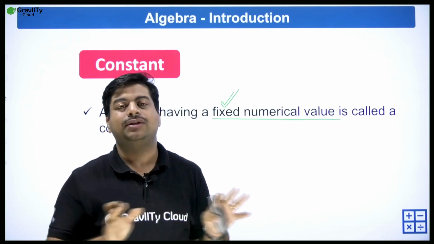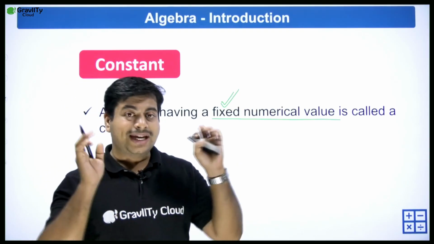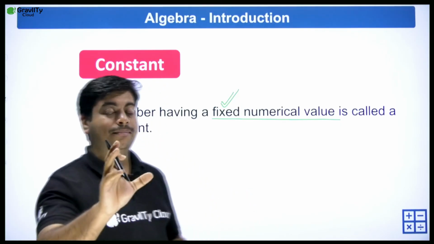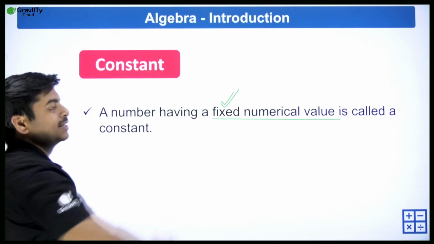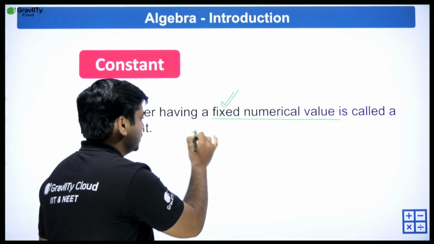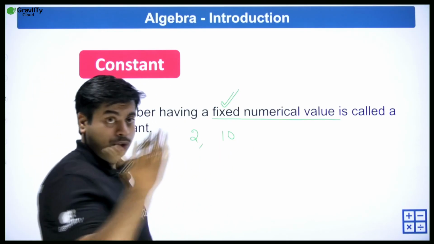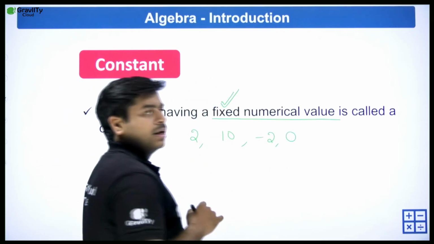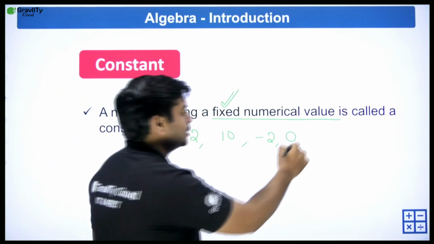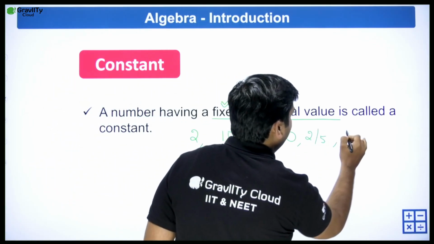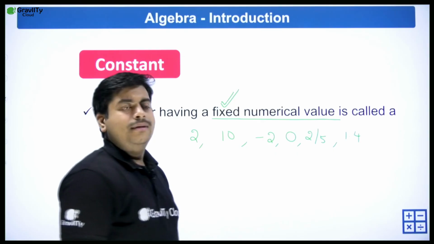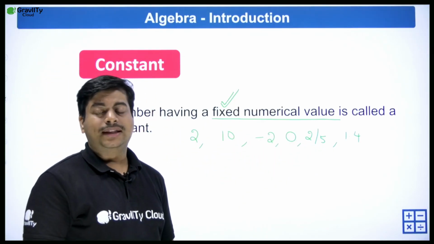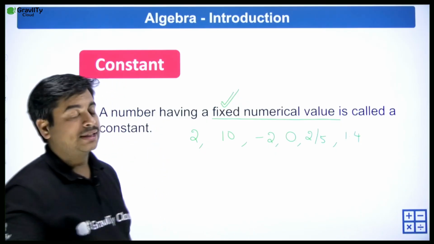We cannot change the value of the number. Such numbers or such things are called constants. Number 2 is a constant. Number 10 is a constant. You know negative numbers. Minus 2 is a constant. 0 is a constant. You know fractions, decimals. 2 by 5 is a constant. 1.4 is a constant. These values are always fixed. We cannot change them, right? That is the reason they are called constants.